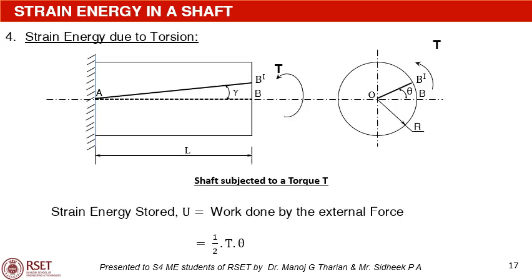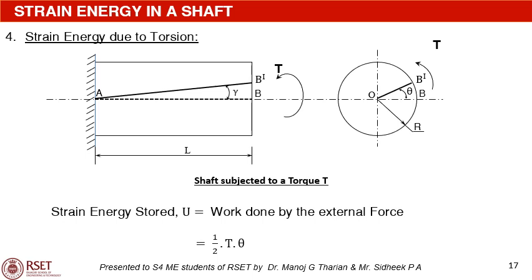And in case 4, we will derive an expression for the strain energy in the case of a shaft which is subjected to a torque T. Consider a shaft of length L and radius capital R, which is fixed at one end and is subjected to a torque T at the free end as shown in the figure.